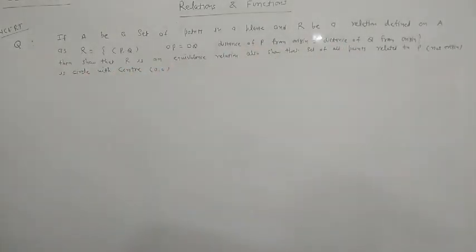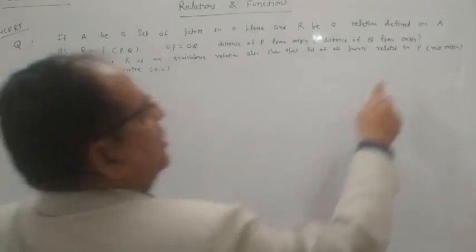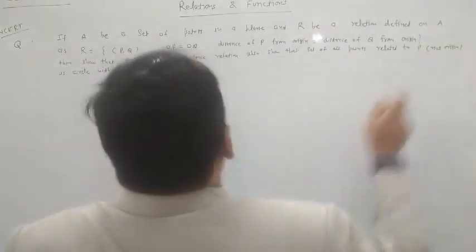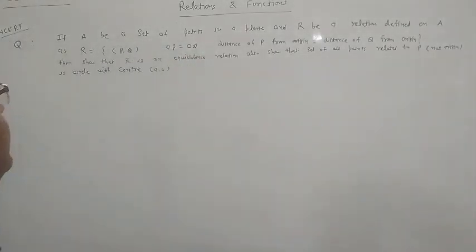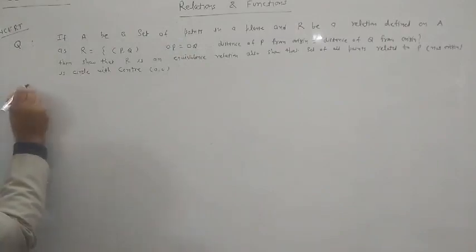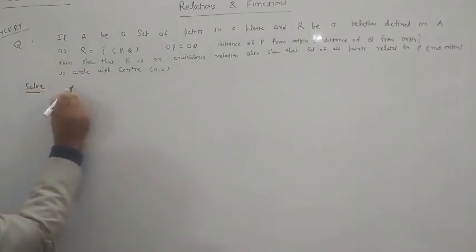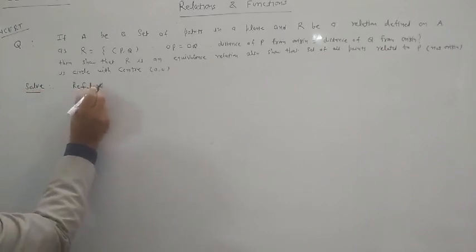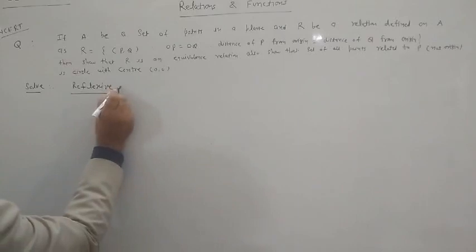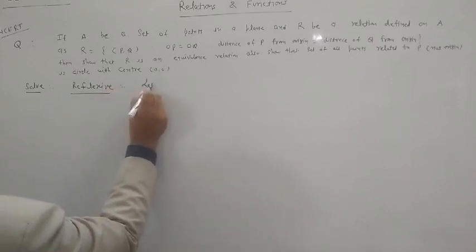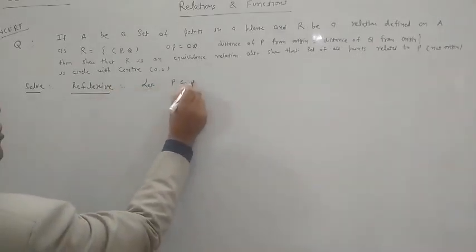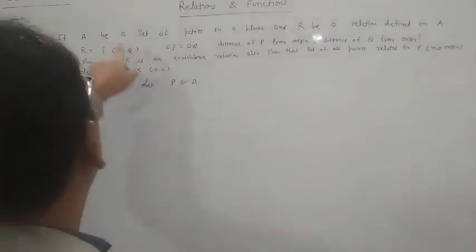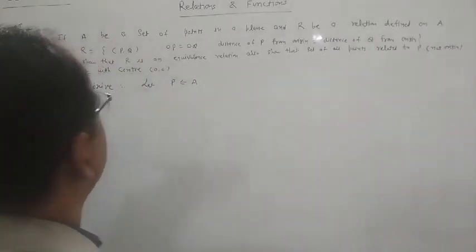Also show that the set of all points related to P, except the origin, is a circle with center origin. So we start with reflexive. Let P belong to A. P is any element from the set of points.